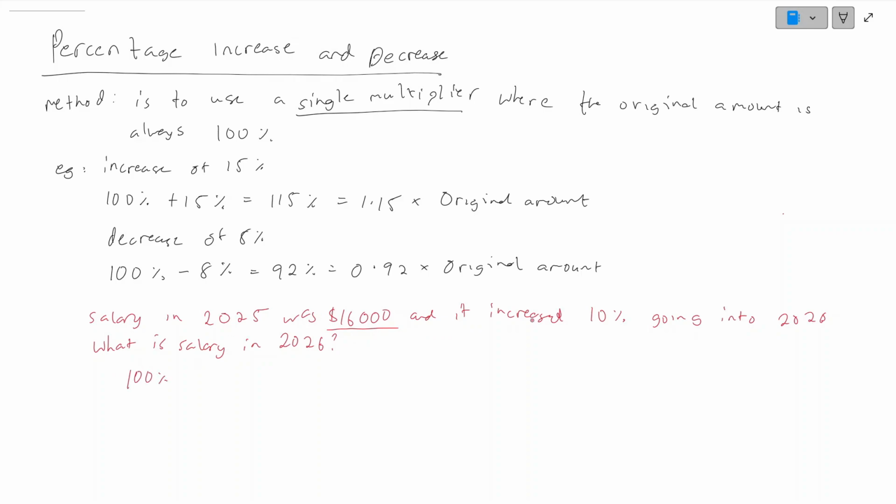And what you're doing is increasing 10% to that, which gives you 110%, which in decimals is just 1.1 after dividing by 100. Then that is going to be your single multiplier, and then you multiply by your original amount, which is 16,000, which then gives you $17,600. So that is going to be your percentage increase and the salary in 2026.